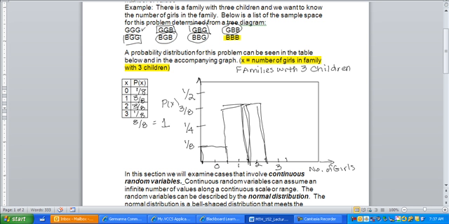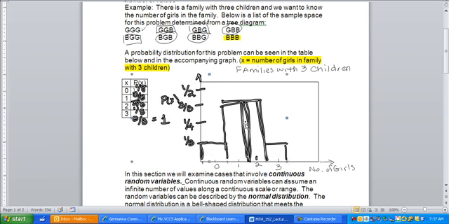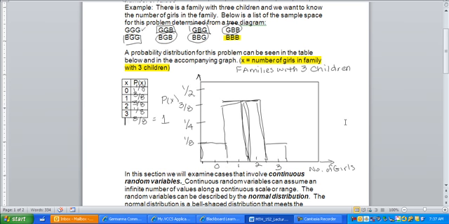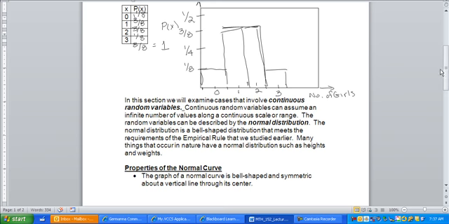Hopefully you can use graph paper and a ruler. 3/8 also for 2, and then back to 1/8 for 3. So this is what our distribution would look like. Let me erase this so it looks a little bit better. Alright, so that's what we would do with a discrete random variable.